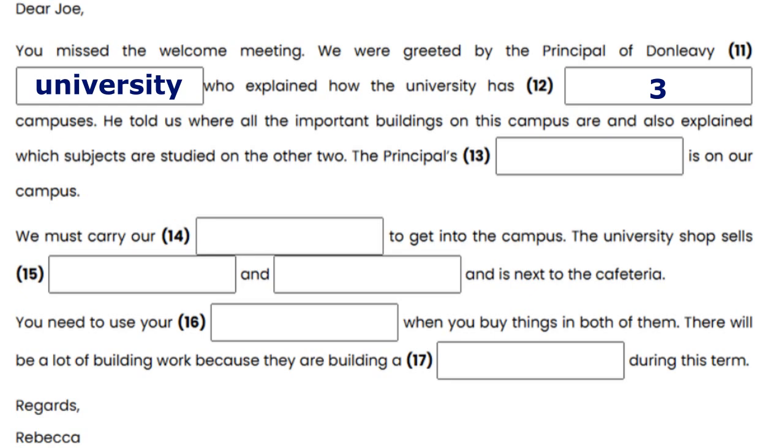Which is one of the 3 campuses belonging to this university. This campus, Dinglewood, is where I have my office. So what's the answer to number 12? 3. So what's the answer to number 13? Office. And it's also the location of the Languages and Science campus. So some of you will be studying here. Dinglewood is the most northerly campus.